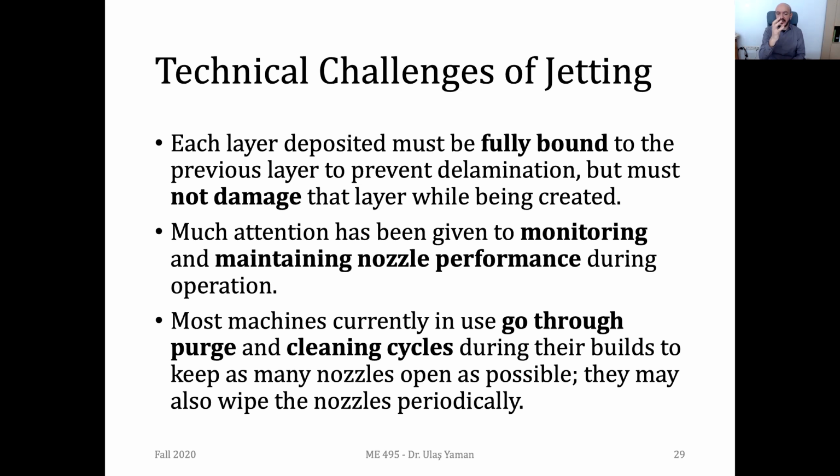They were cleaning the head after, let's say, a few layers. They have a special region inside the bed. They move their head to that region and do a cleaning operation. This is quite important for the performance of these nozzles. Since we have thousands of them, if any of these nozzles is clogged, then we cannot have the part fabricated. This is why we need periodical cleaning cycles.